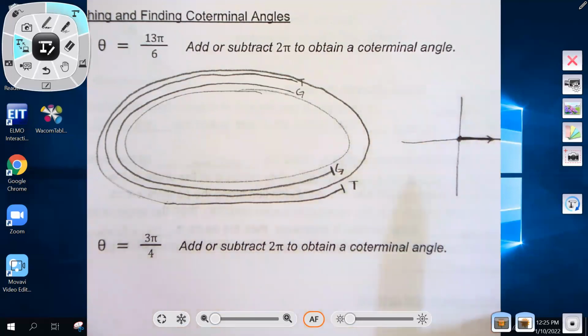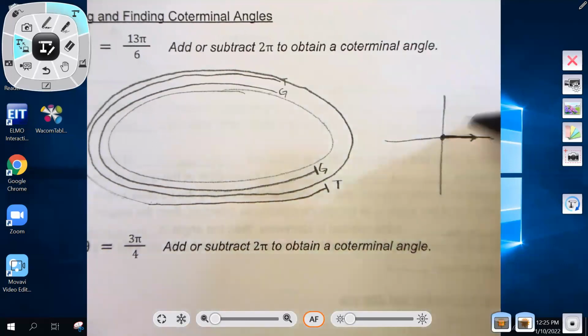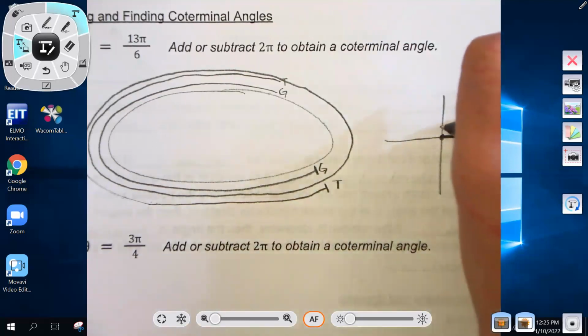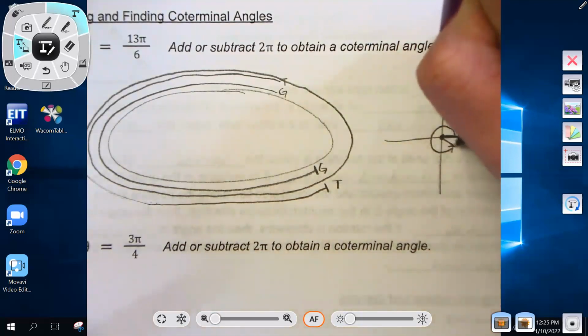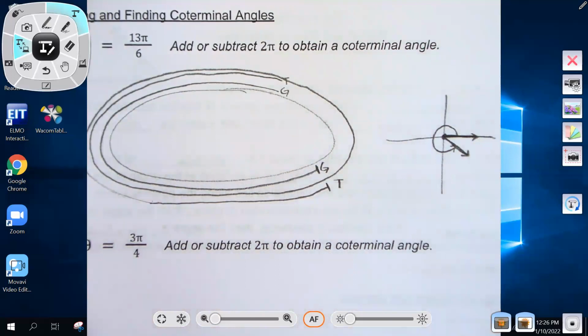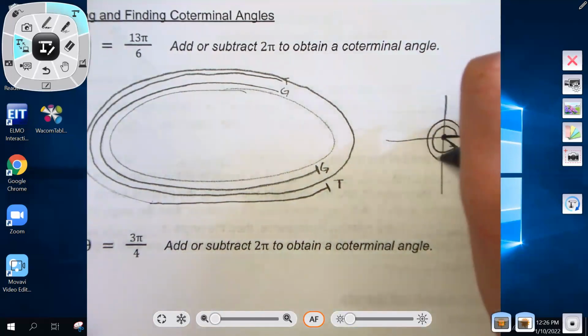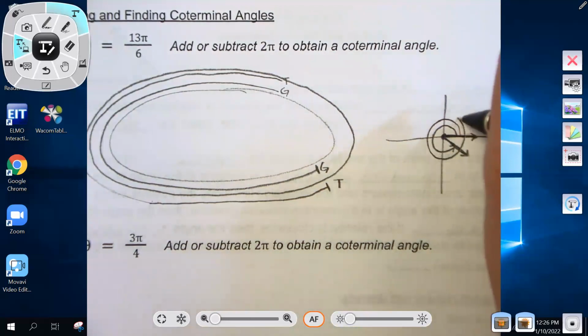Okay, so we have two angles that are starting right here. One angle is going to rotate around to here and stop. But another angle is going to go a full rotation and go all the way around to here.